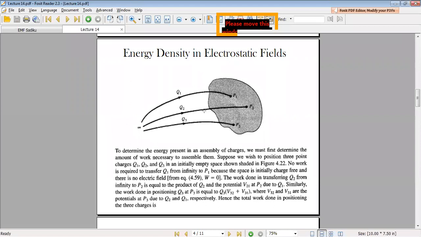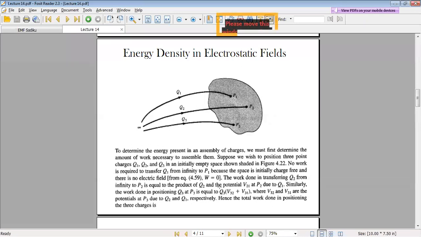Q1 is moving from infinity to P1, Q2 is moving from infinity to P2, and Q3 is moving from infinity to P3. So this is the basic diagram.